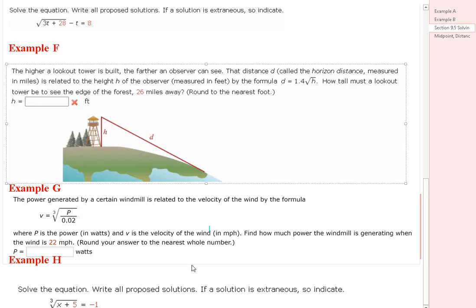I think I mentioned something like this when we did variational problems. I said the power of the wind is related to the cube of its velocity. So, for instance, if you had some kind of a hurricane headed towards the coast, and all of a sudden the winds grew 10% stronger, 10% doesn't sound like too much.